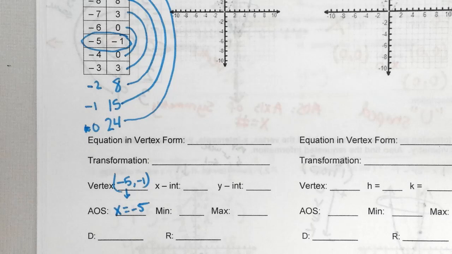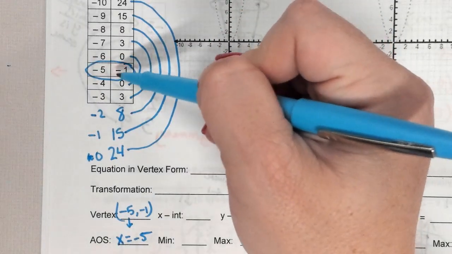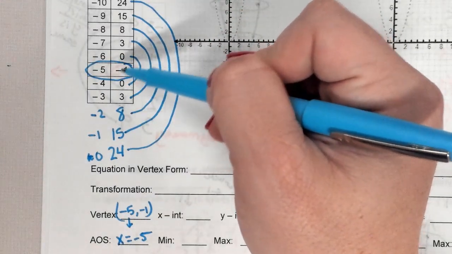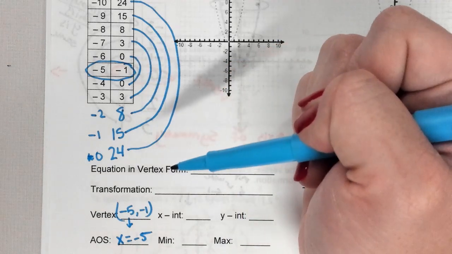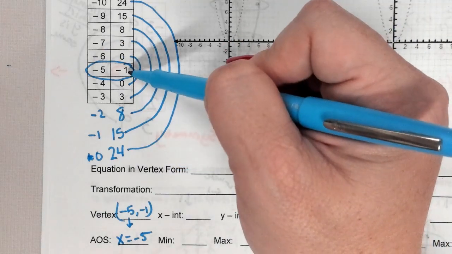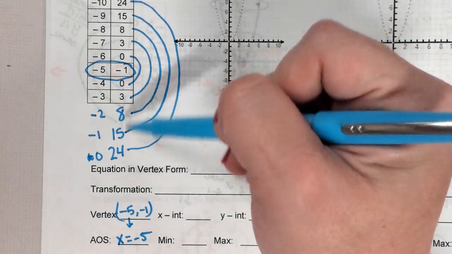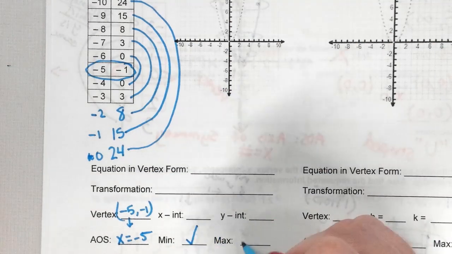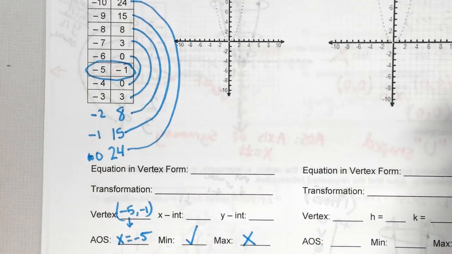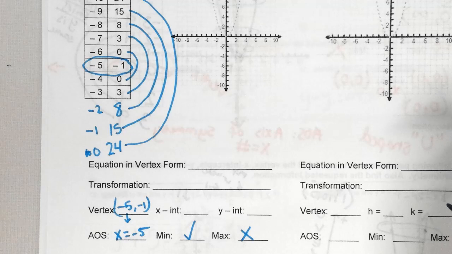So you're going to look at your vertex. Is your y your smallest number or your biggest number? Yeah, -1 is the smallest number here, meaning it's a minimum and not a maximum. Do y'all see that? Okay.